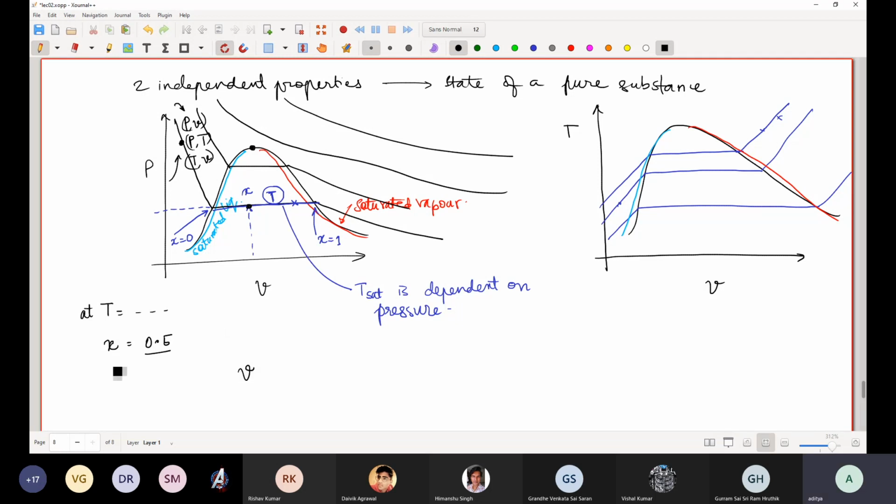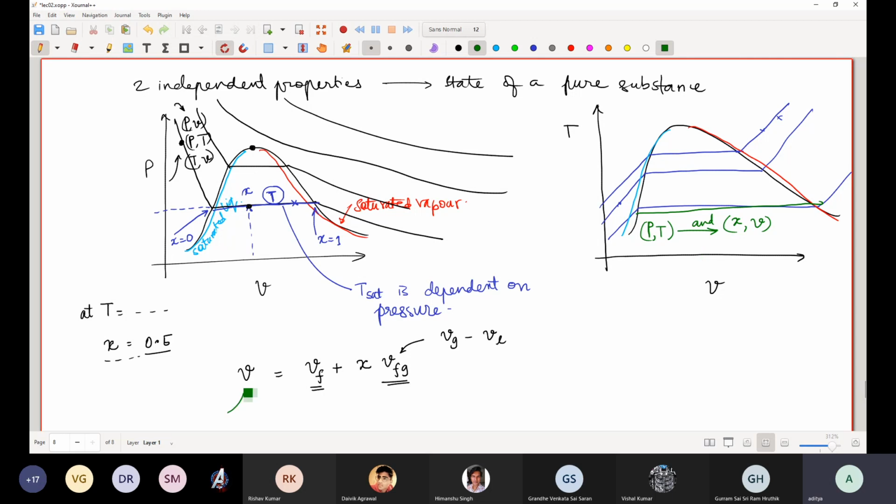The specific volume would be the specific volume of the fluid plus X times VFG, where VFG is VG minus VF. This is tabulated. So what can we conclude? That in the saturated region, pressure or temperature can be specified, and the other parameter that can be specified is either the quality or the specific volume.